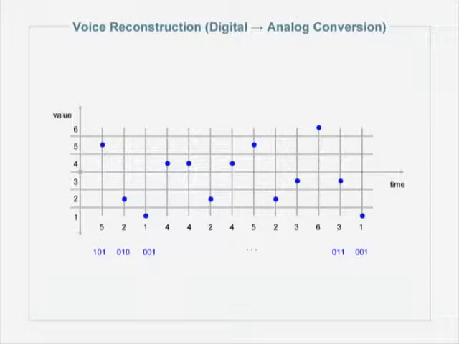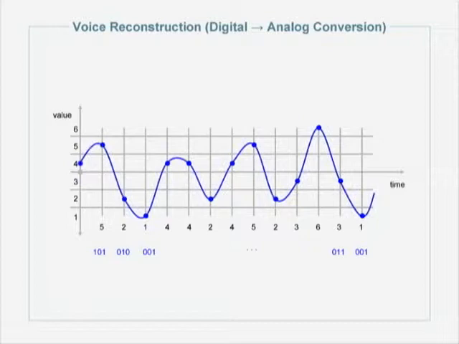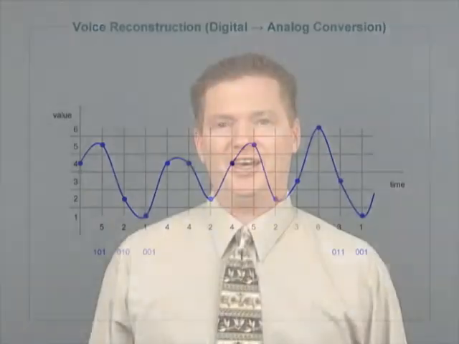This is doing the decoding step at the far end, and then to complete the digital to analog conversion, we connect the dots in a nice smooth fashion that never varies more often than 3,300 times a second. And what we've ended up doing is recreating the analog signal at the far end exactly the same as the one that we started with.